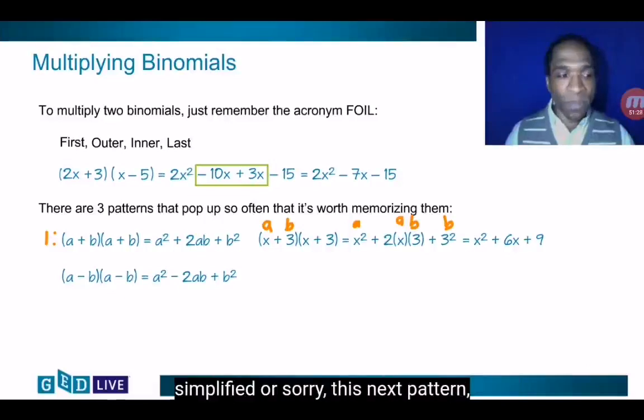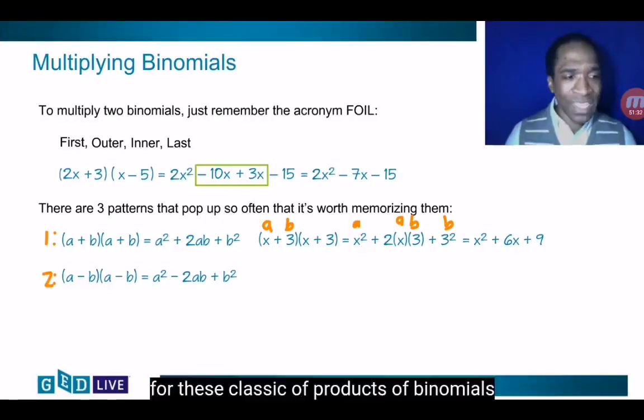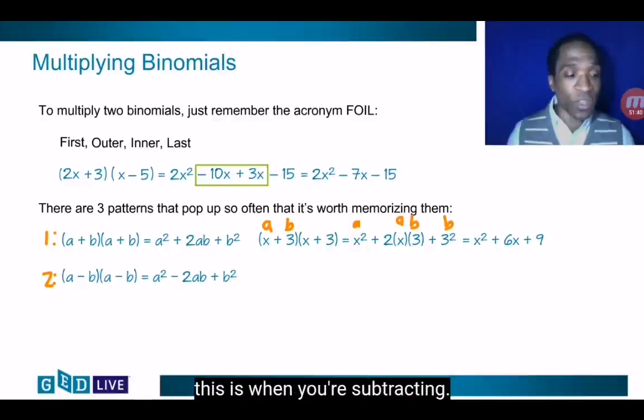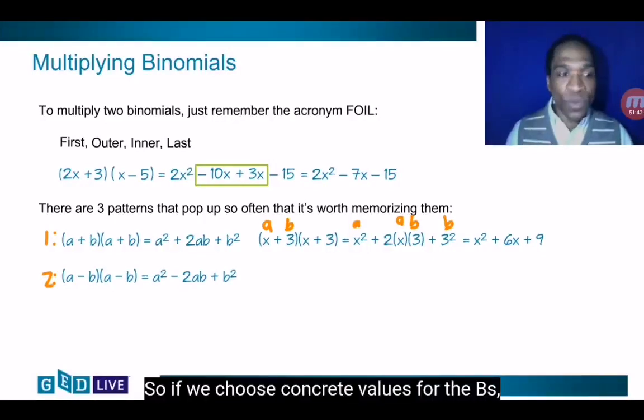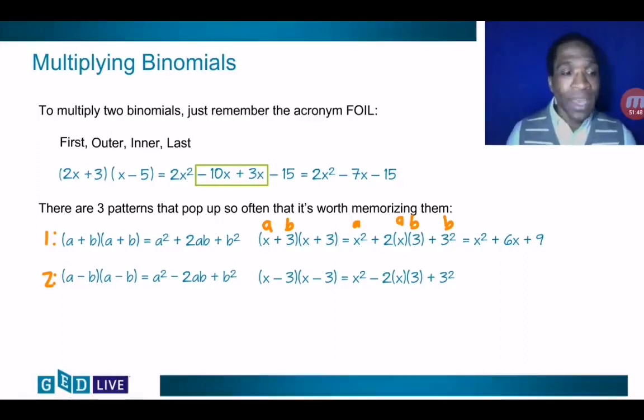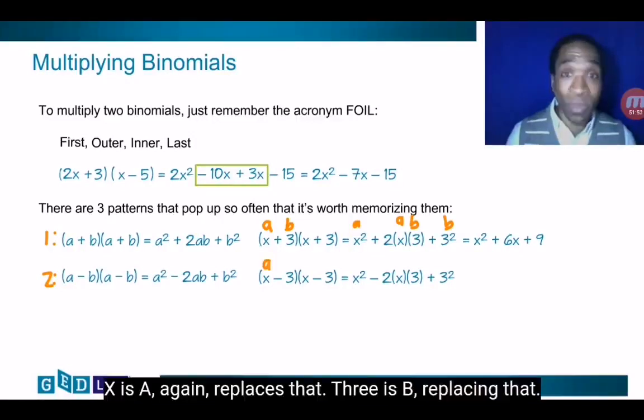But this next pattern for these classic products of binomials is again when the binomial is the same. However, this is when you're subtracting. So if we choose concrete values for the b's, here we go, it's x minus 3 times itself. Similar kind of prospect here. X is a, again, replaces that. 3 is b, replacing that.